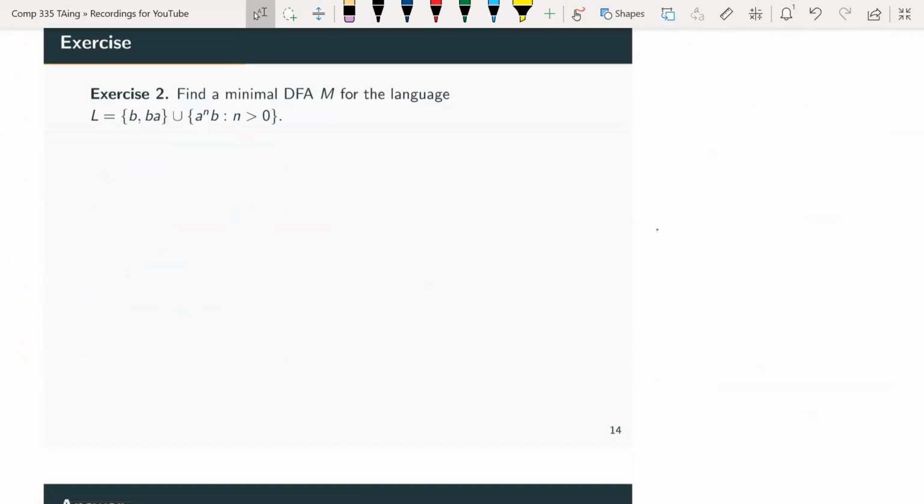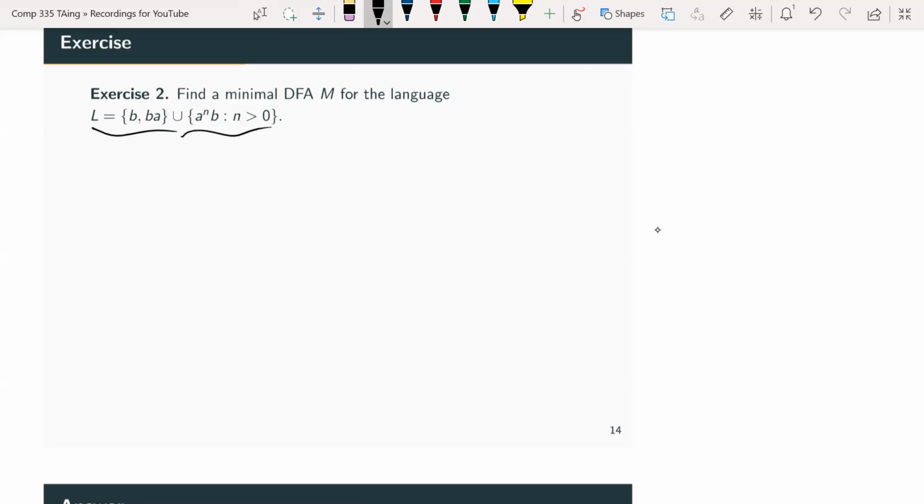Okay, so the last question in this part of the tutorial is kind of the same question, but also slightly different. We want to find a minimal DFA M for the language L here. So we're given this language L, and we want to find the minimal DFA. So this is not the same as taking a DFA and converting it to the minimal DFA.